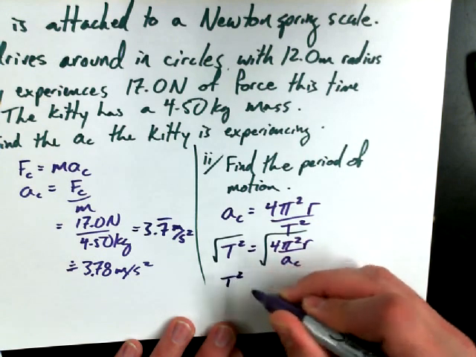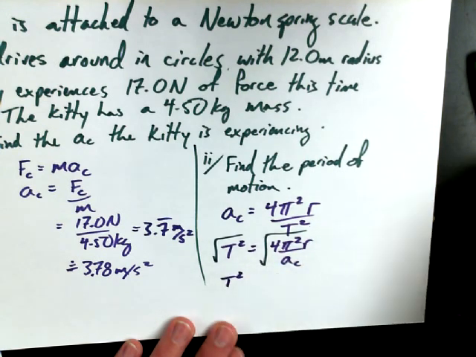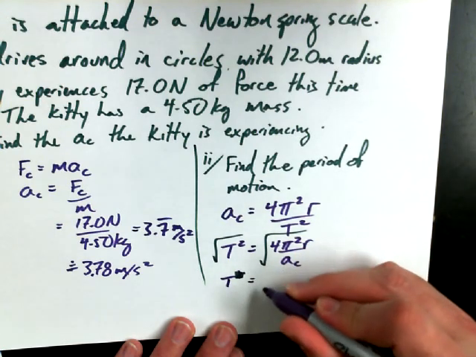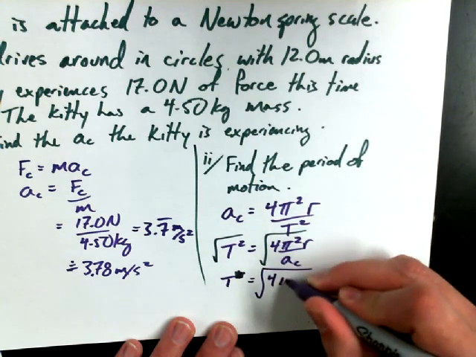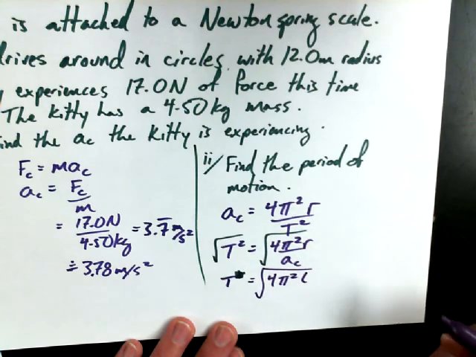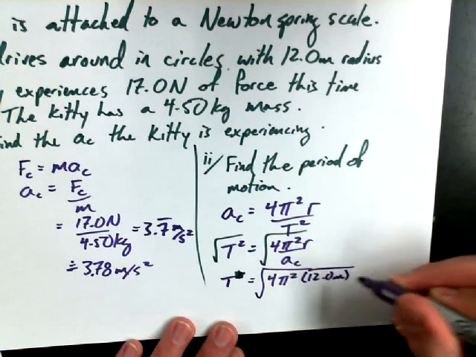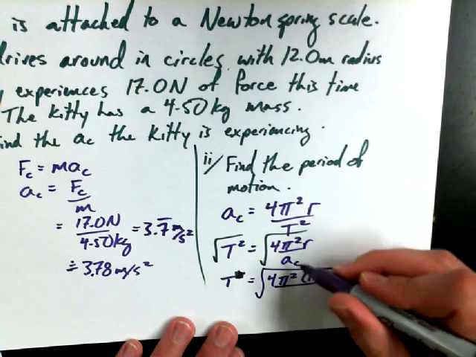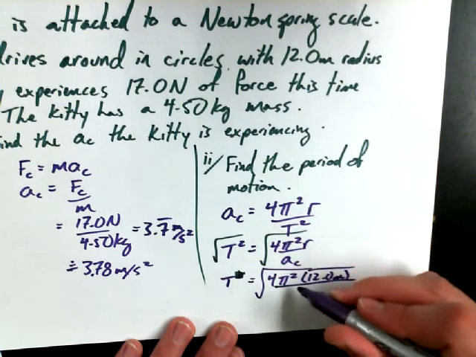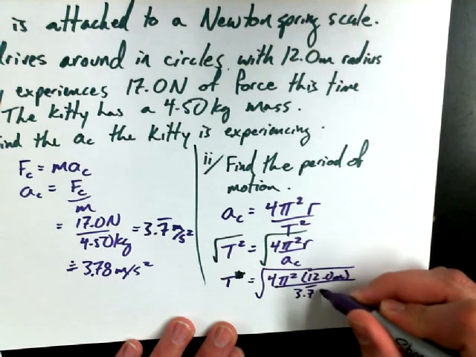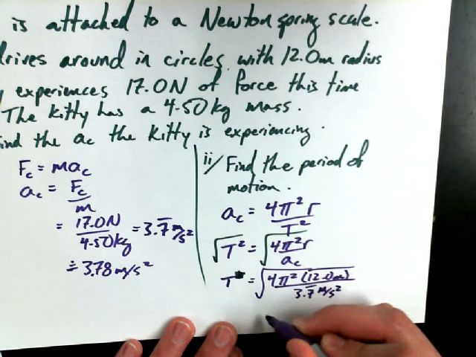So I get period equals the square root of 4 pi squared times the R, which was 12 meters, all divided by AC, which we said before was 3.7 repeated meters per second squared.